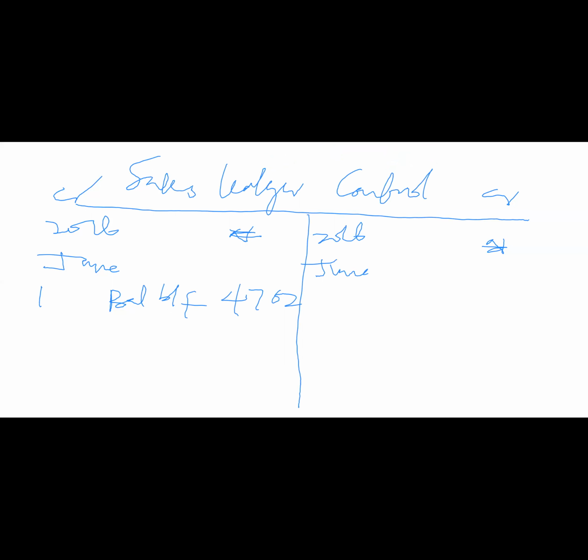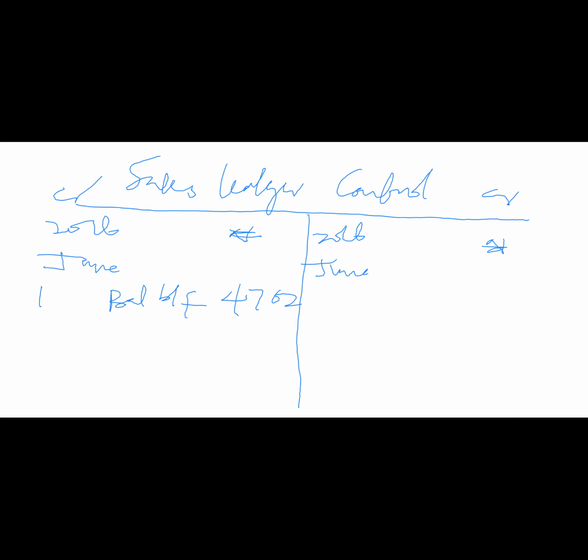So the sales journal balance of about 37,437 will be posted to the debit side.